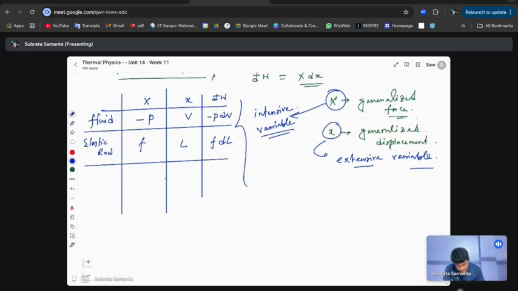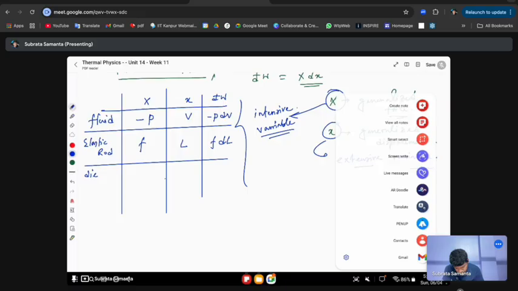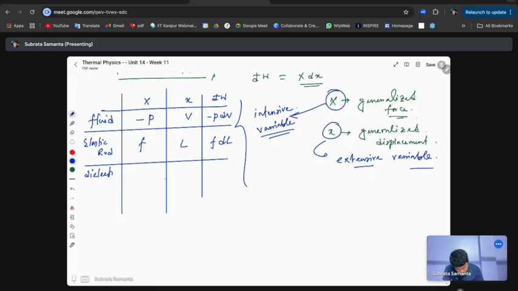And for a dielectric medium, the electric field E and the polarization P_E, so this is basically E times dP_E, the dipole moment.